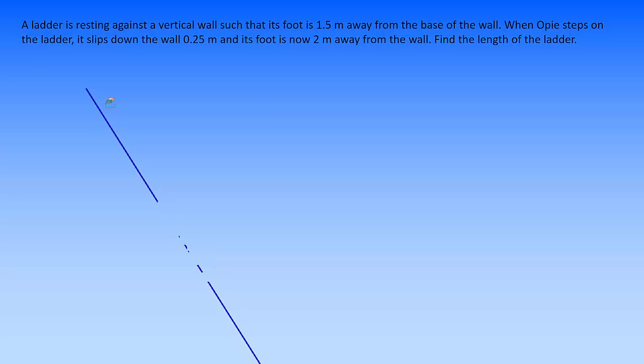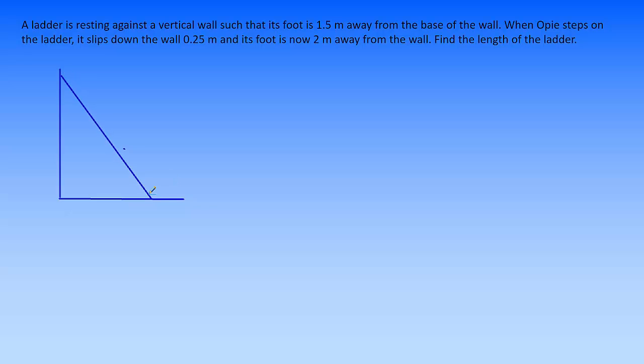So let's just get rid of that. Let's try to draw this situation. So here's the wall, here's the floor, and here's the initial position of the ladder. Clearly this is a right angle between the wall and the floor, and we know that this is 1.5 metres.